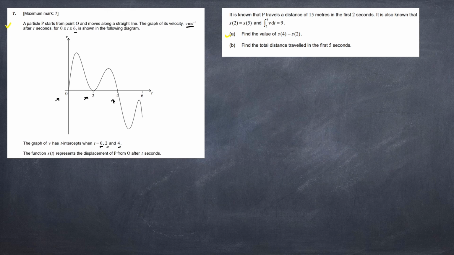So at 0, 2 and 4, the velocity is becoming 0. From this particular line we are trying to get this data. The function s(t) represents the displacement of P from O after t seconds. Okay, so no problem there. Each and every point is elaborated.